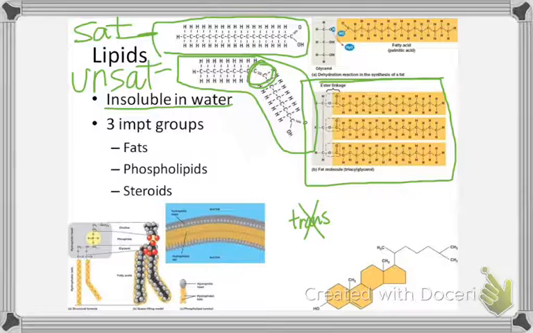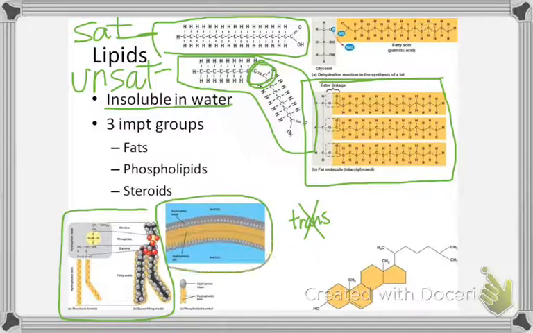Phospholipids, these guys right here are phospholipids. They make up your cell membranes. It is a glycerol and 2 fatty acids and a phosphate group. So you can see glycerol, phosphate, choline, fatty acids.